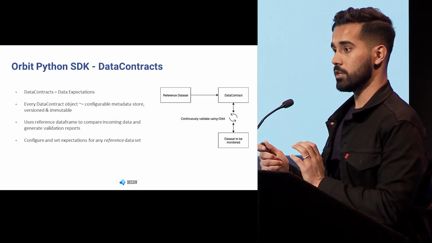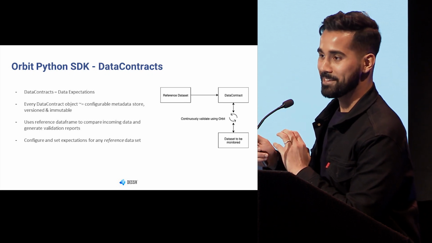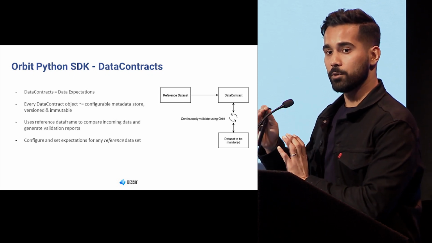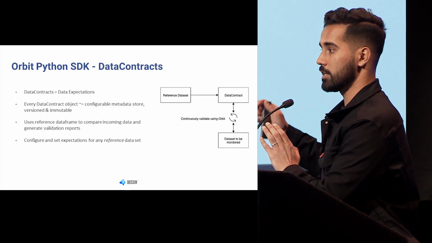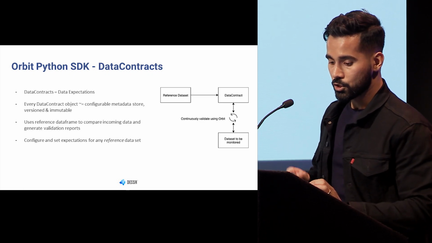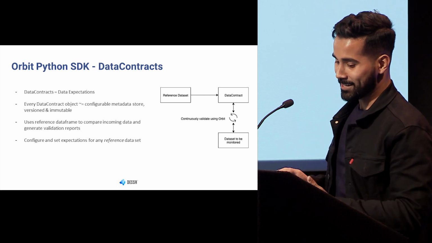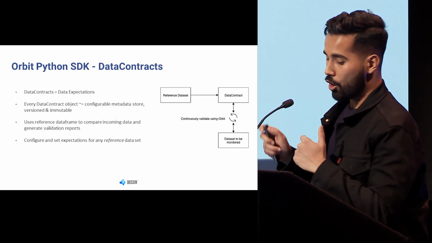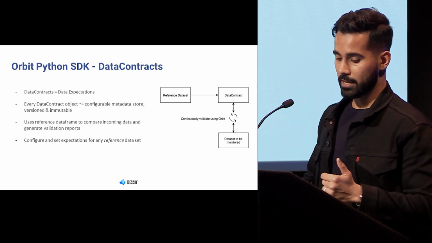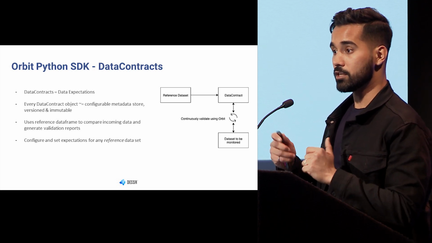The reason for the immutability is the fact that we want to be able to create a lineage of all the changes that are happening to the data sets as we go, right? So again, I'm going to repeat. Every data contract object is a configurable metastore that cannot be mutated, right? All data contracts are also versioned, and all of these versions of the contract need to be updated to be able to mutate it.